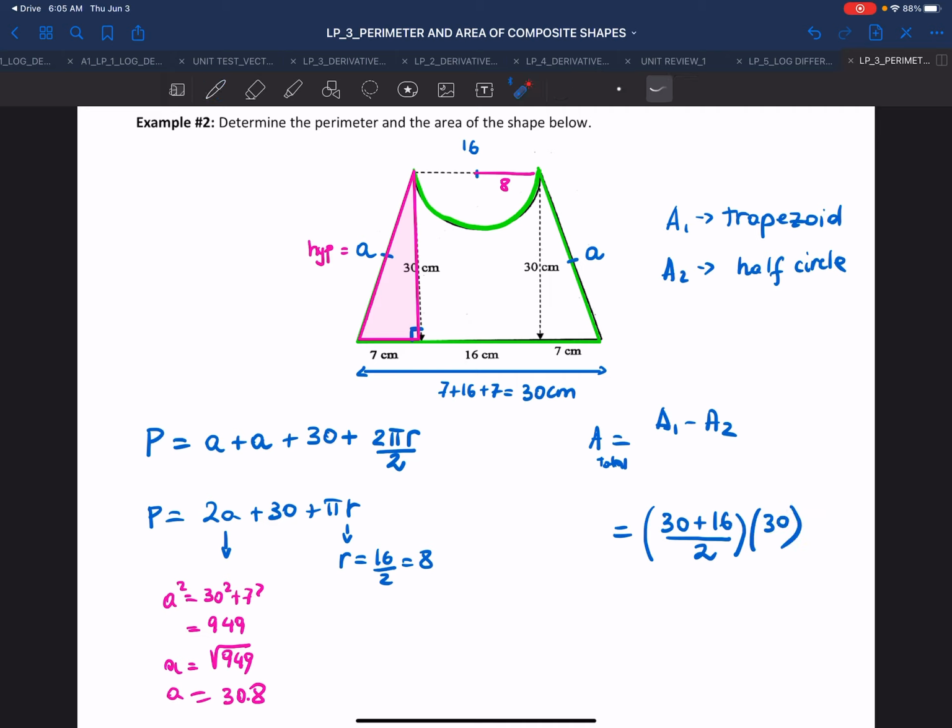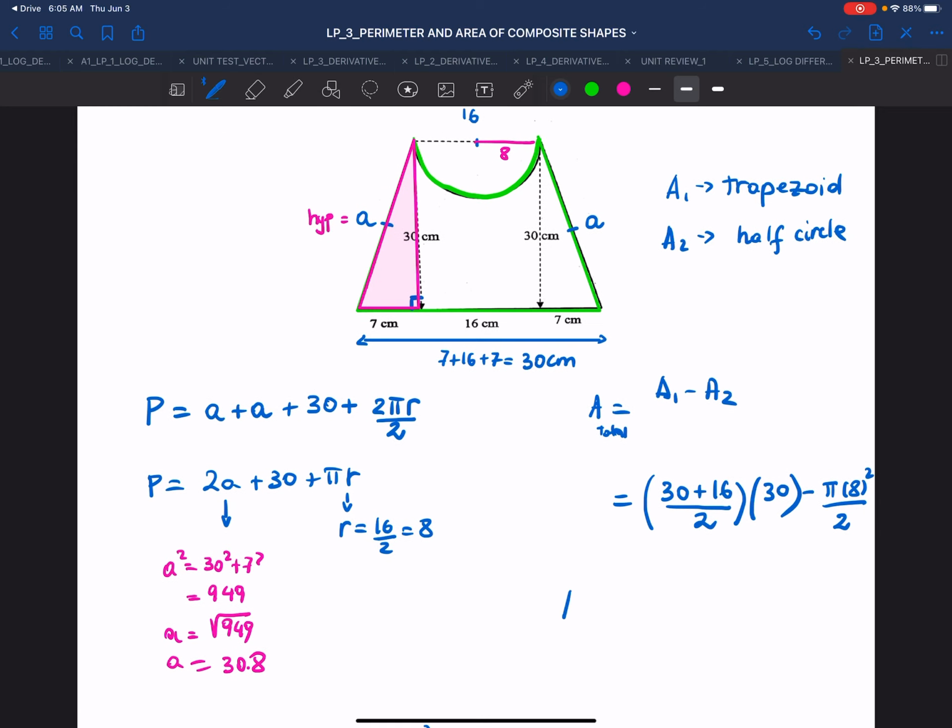So as I said, average of the bases times 30. Now we are taking away the area of the circle, pi times 8 squared, but not all of it, just half of it. So pi 8 squared over 2.